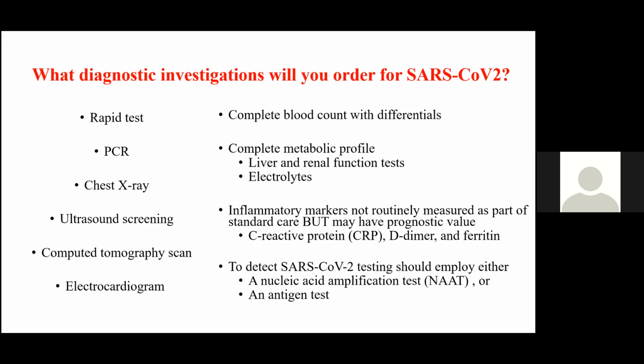Rapid tests will be completed with the blood count with differentials, because with COVID, in the evolution, there is a change in our blood count. PCR also may be completed with a metabolic profile, liver and renal function tests, and electrolytes.